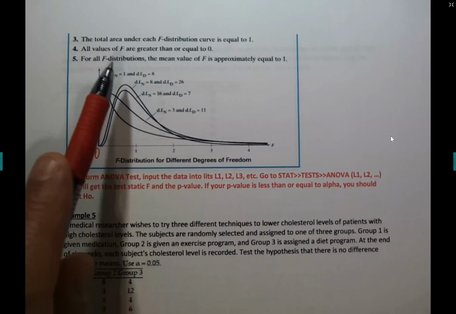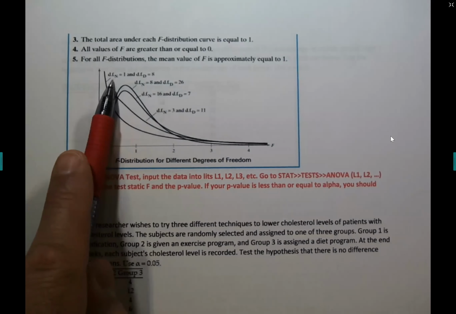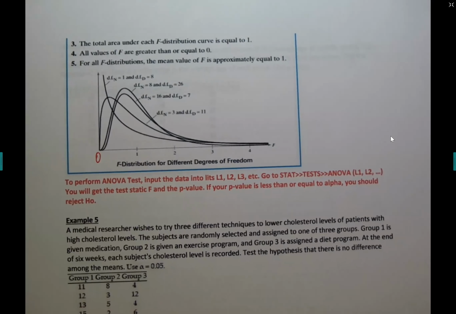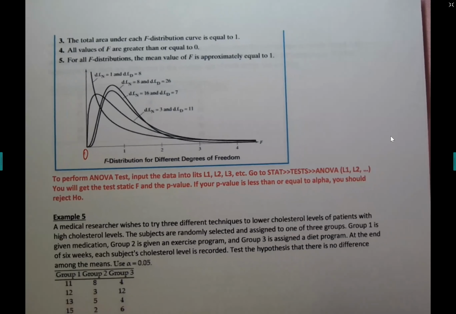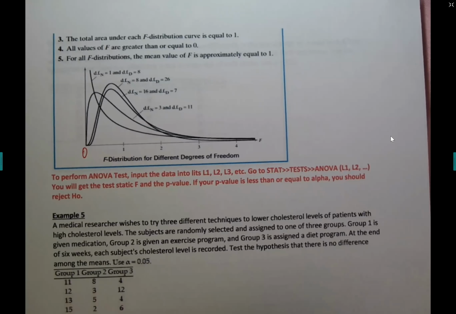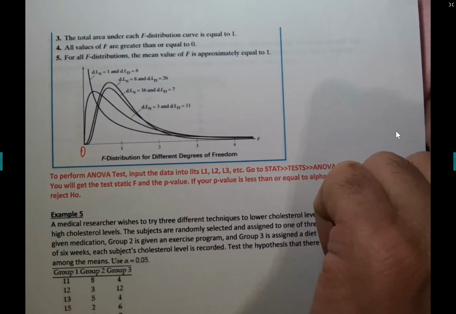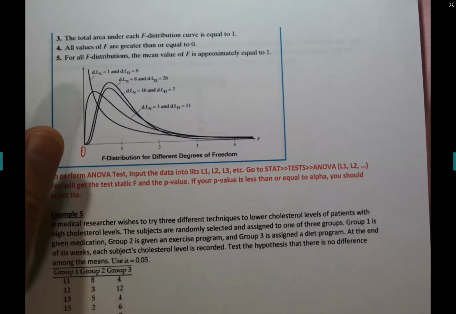Here you have 2 degrees of freedom, one for the numerator and one for the denominator. So this is what the F distribution is. Any question about this before I do an exercise and show you how to perform this test? You're going to find it a very easy test to perform. You will see that in a second.